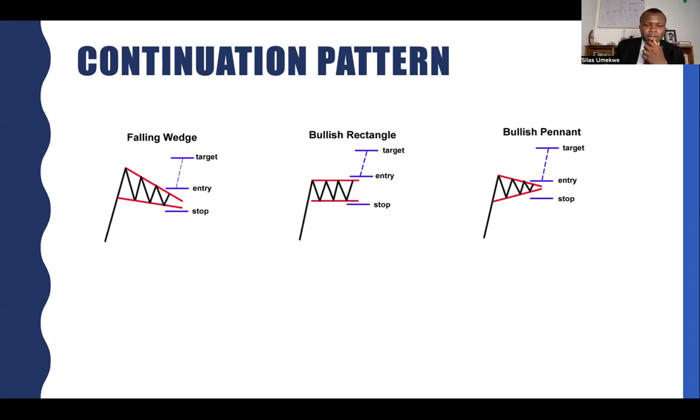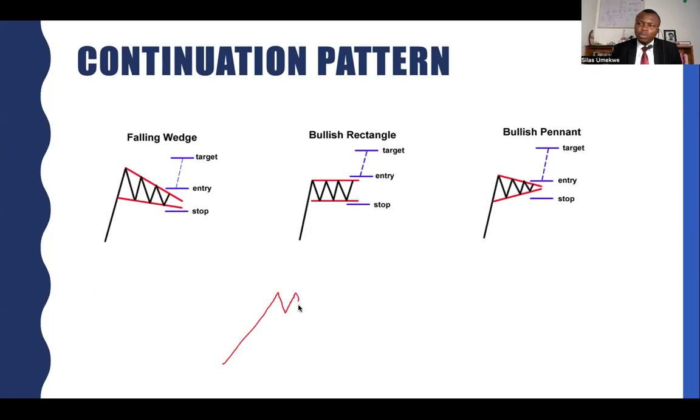So continuation patterns. These are the kind of continuation patterns we have. Falling wedge, bullish rectangle, bullish pennant. Now, this rectangle is a consolidation pattern. That means the price has been rising for quite a while. Now, all of a sudden, it looks as if it wants to print a double top.